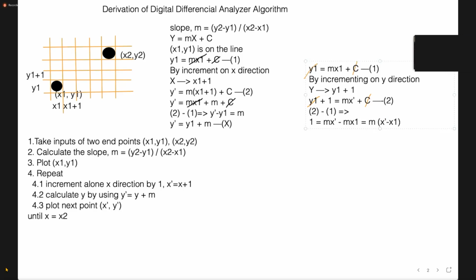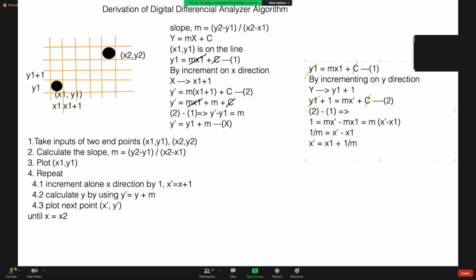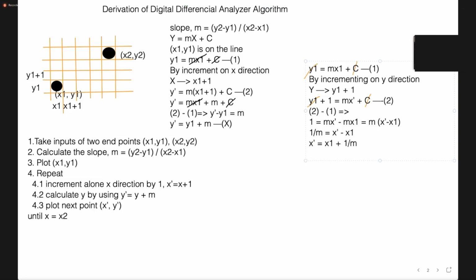Then we can take that m to the other side: 1 over m equal x dash minus x1. Then ultimately we can write x dash equal x1 plus 1 over m. That means the previous x value will be added with 1 over m.